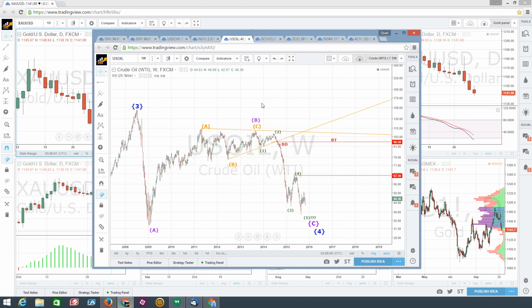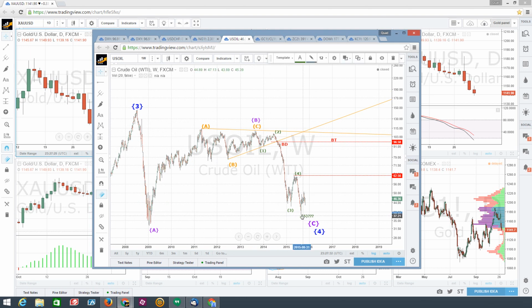Okay, U.S. crude oil count long term. I think 2008 was a wave 3. It could be a subwave 1, but we'll go with a wave 3 for now. We got that initial plunge down in 2008, 2009 into wave A. We've since bounced up in three waves, A, B, C, for wave B. And now we've got the completion of five waves down, or near completion, with wave 1, 2, 3, 4, and 5.